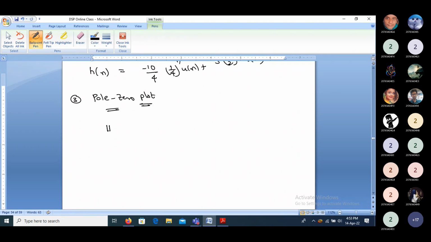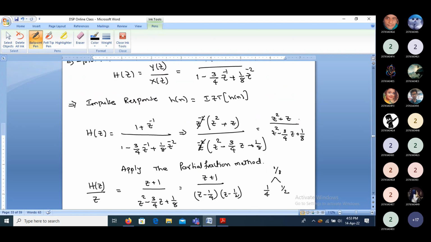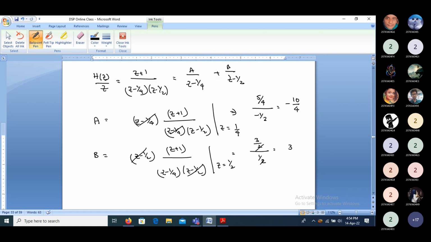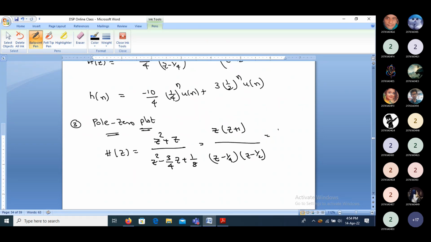For this, first we go for h of z. What is h of z here? h of z is equal to z square plus z divided by z square minus 3 by 4 z plus 1 by 8, which is equal to z into z plus 1 divided by z minus 1 by 4 into z minus 1 by 2, which is in the form of numerator by denominator.